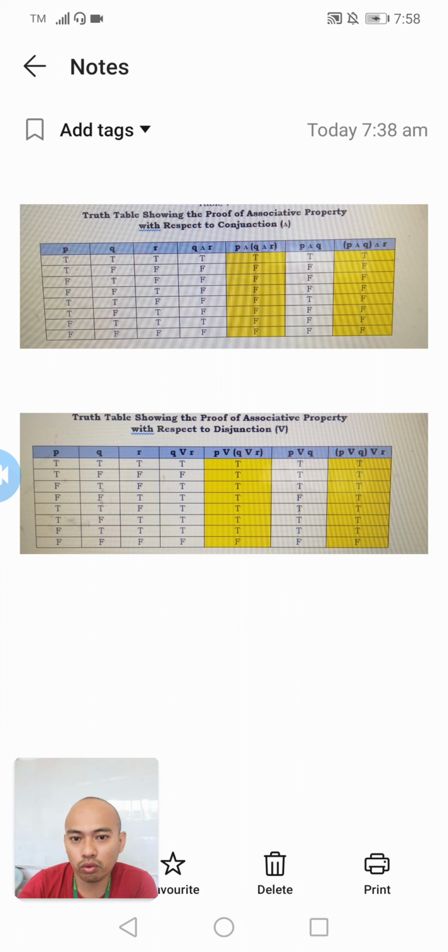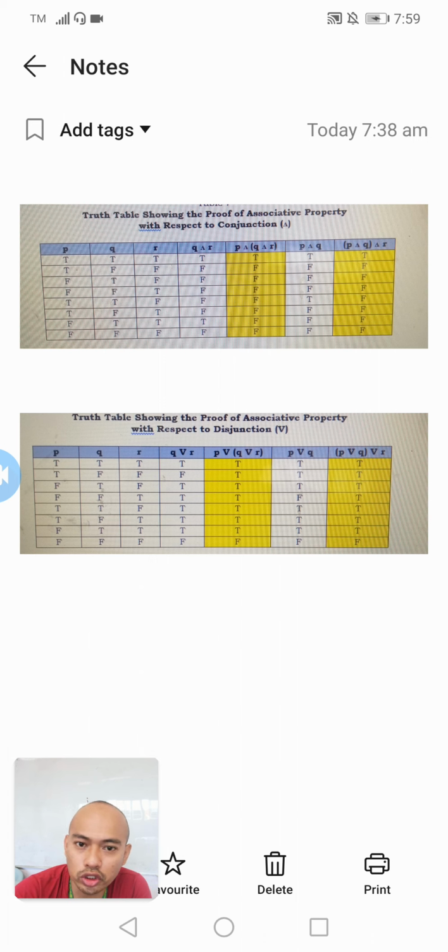Therefore, this will be a false statement under the disjunction operation or connective. So for the truth values of P or the quantity Q or R, it will be T, T, T, T, T, T, T, F. So those will be our truth values under the left portion of the first case.